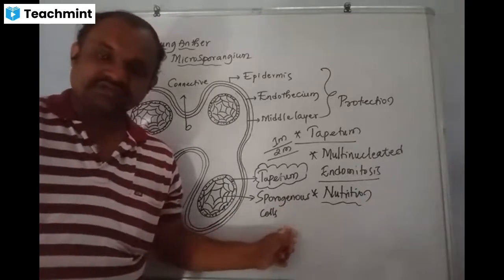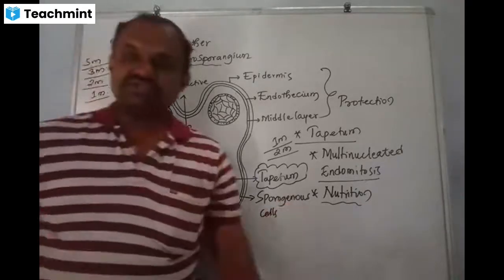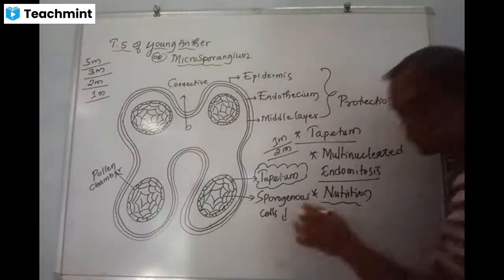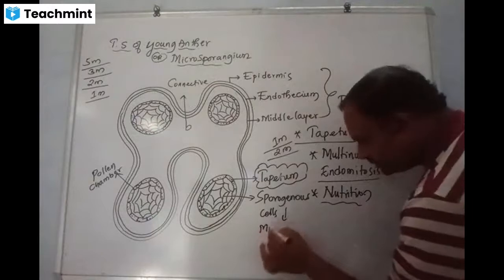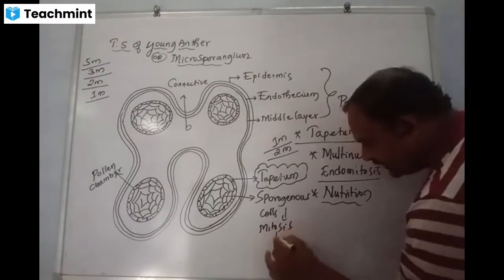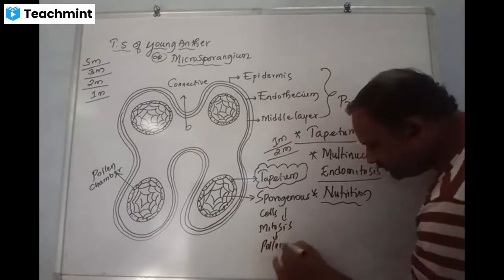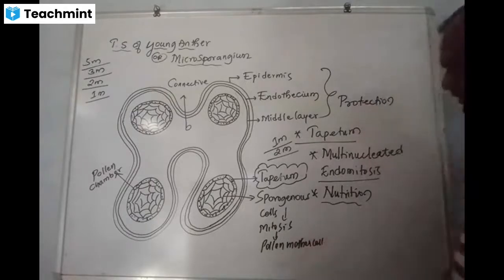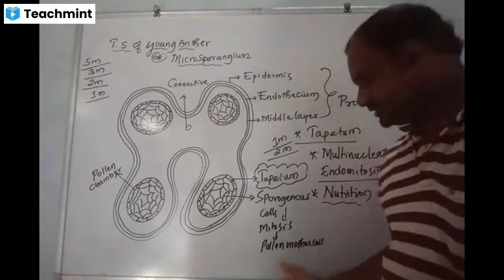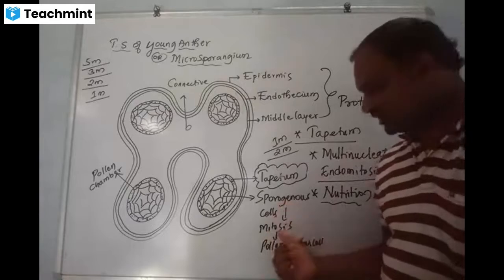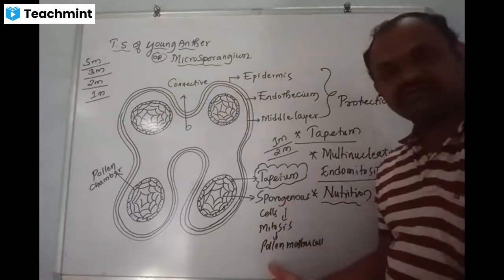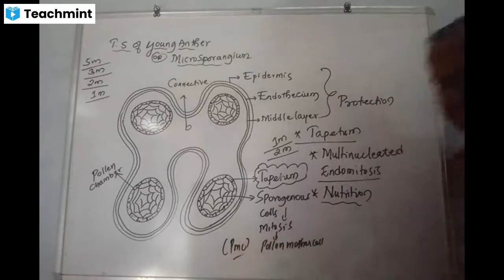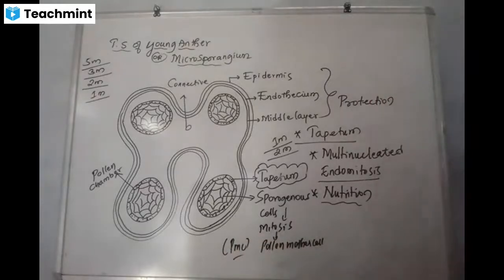This sporogenous tissue undergoes mitosis and produces the pollen mother cell. So a CET-oriented point: the sporogenous cells undergo mitosis and produce the pollen mother cell, PMC.